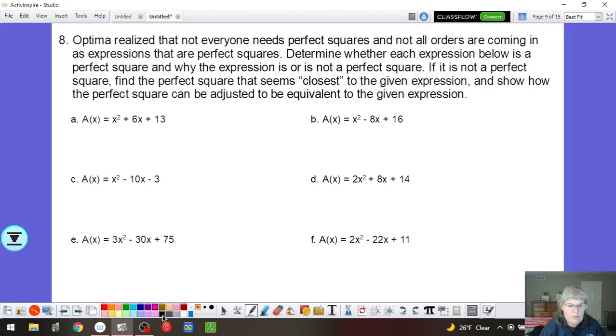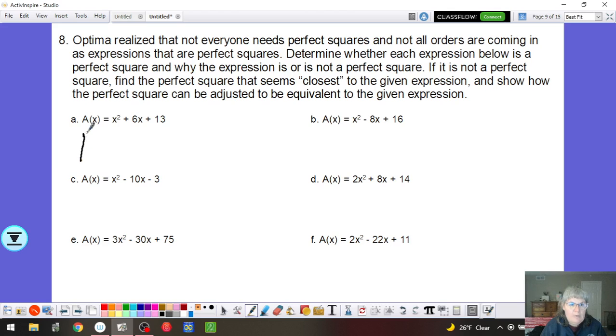So let's take a look at example A. We have A of x equals x squared plus 6x plus 13. Well, when we're completing the square, we know we need half of 6, which is 3 squared, is going to be 9. So we have more than enough for a perfect square.